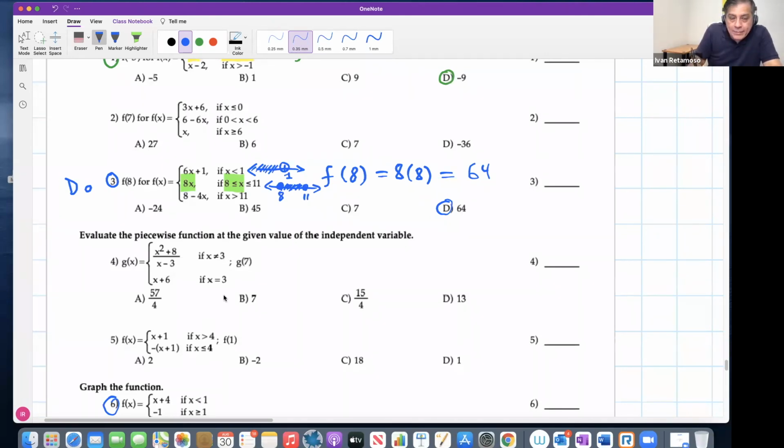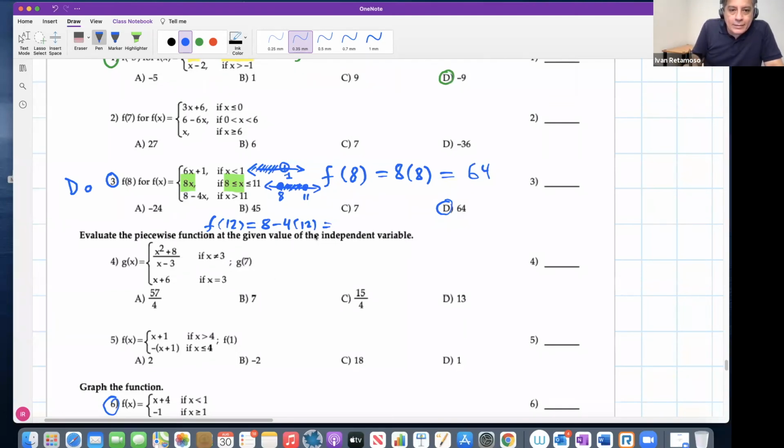For example, if they say f of 12, then since 12 is bigger than 11, you have to use this formula. It will be 8 minus 4 times 12. You follow? Excellent, Gabriel. Very good.